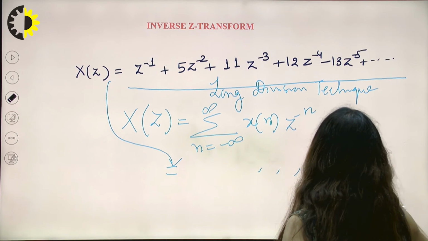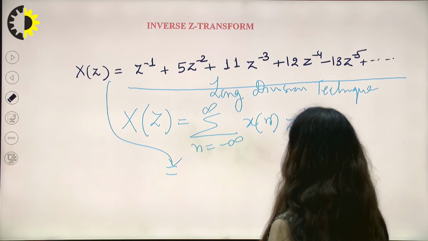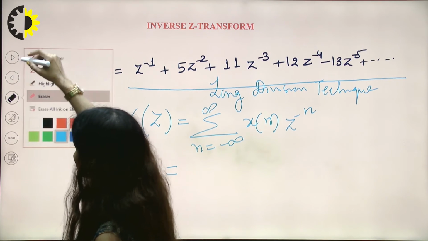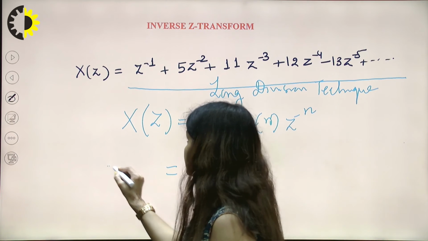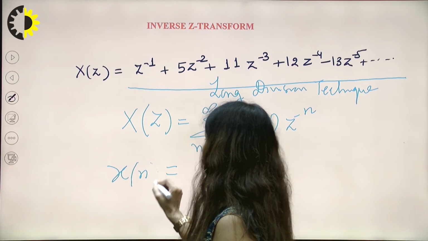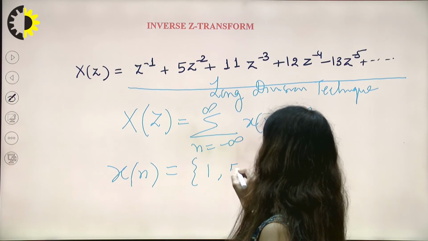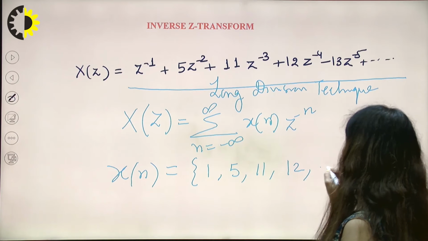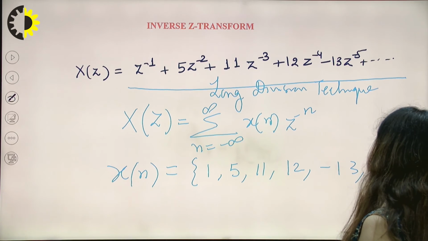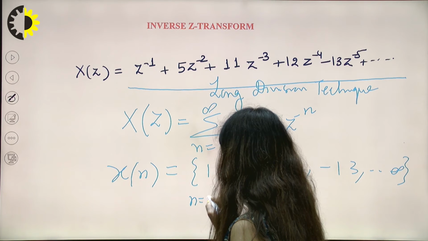At the last I will be writing the result. So x[n] will be 1, 5, 11, 12, minus 13 and so on up to infinity, starting for n equal to 1.